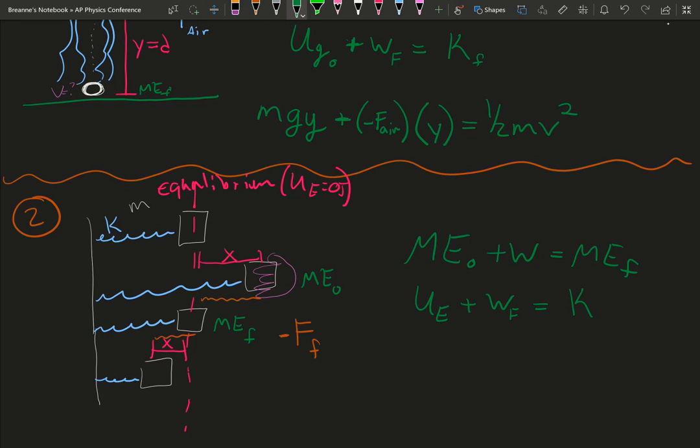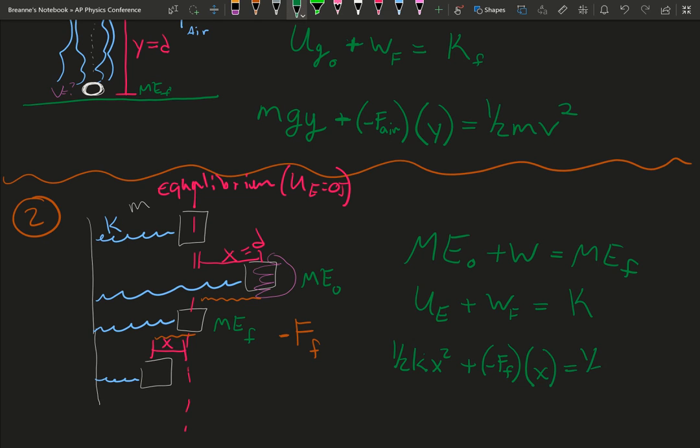We can expand that, so it'd be 1/2 kx squared, that should be a little k, plus a negative friction. And again, how much it's moved is still x, our distance moved.